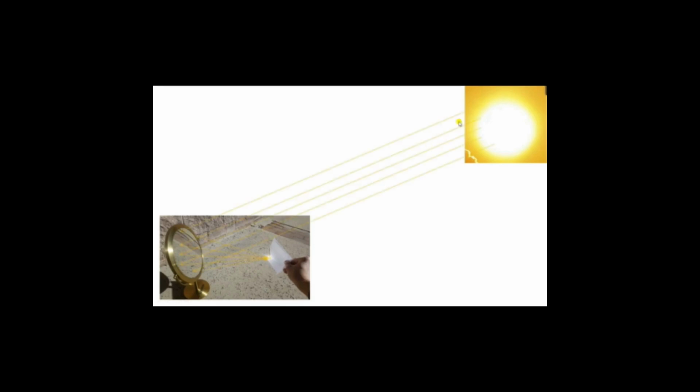You can see parallel rays are coming and the image is being formed here. Another example: the scenery outside the window is far away from the mirror, and you can see the same image being formed at the screen placed at this point. That means we can get this image on the screen.